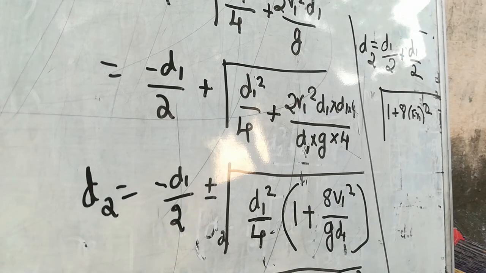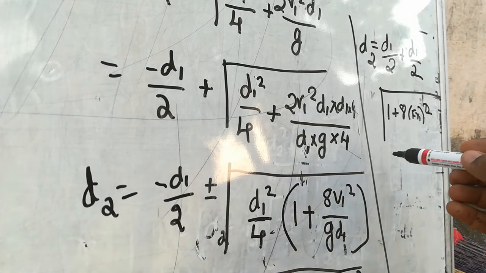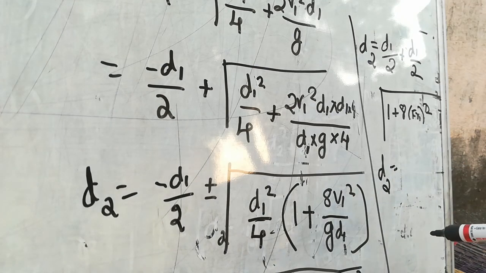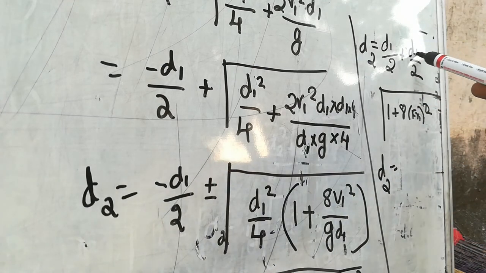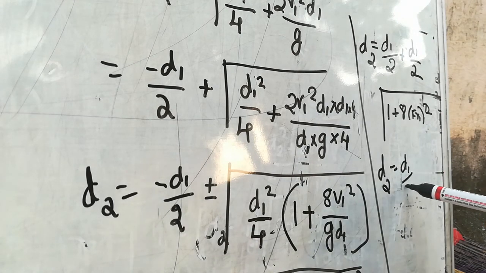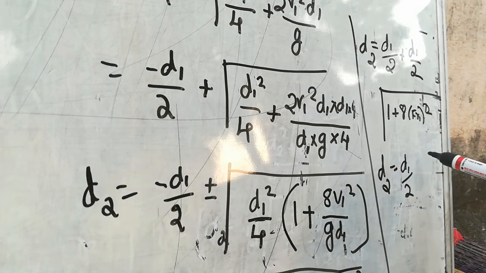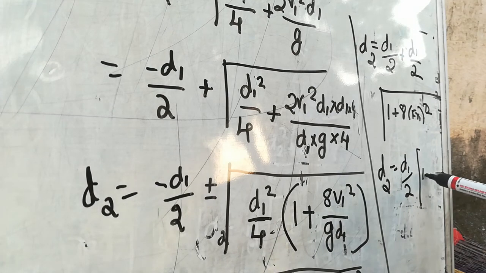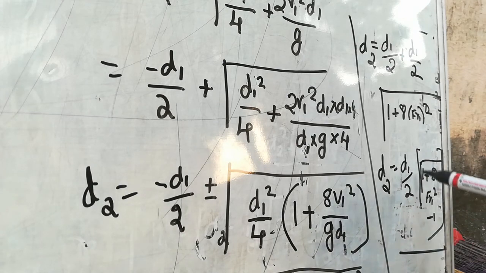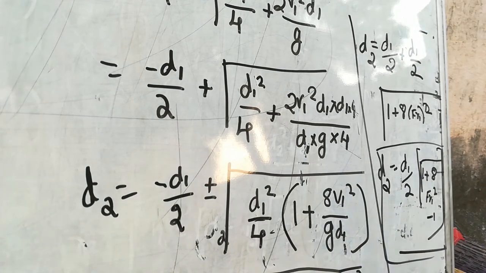So I can write d2 is equal to, d1 by 2 and d1 by 2 are common, so d1 by 2 times the root of 1 plus 8 Fr1 square, minus 1. This is the final equation.